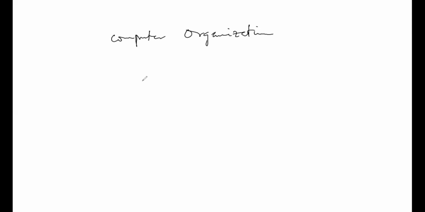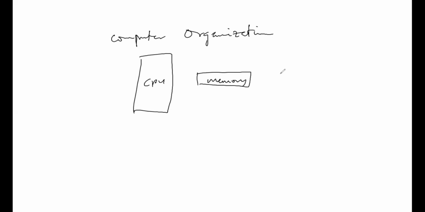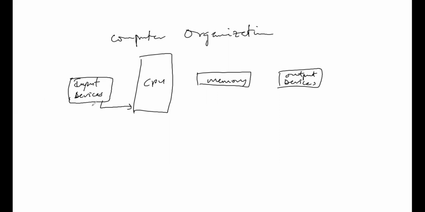Well, we have a simple frame where we have, say, the CPU, and then we have the memory, then we have the output devices, and then we have the input devices. They will say this links up to this.